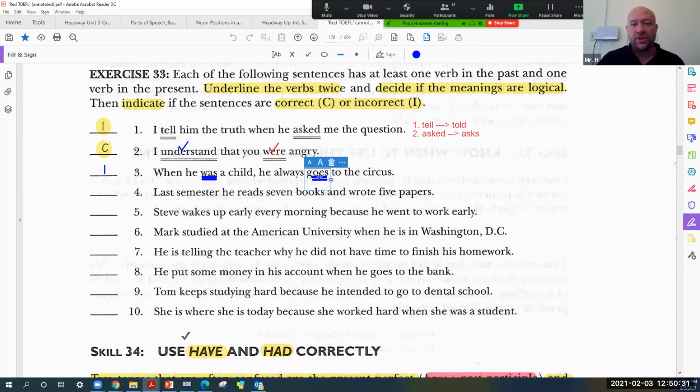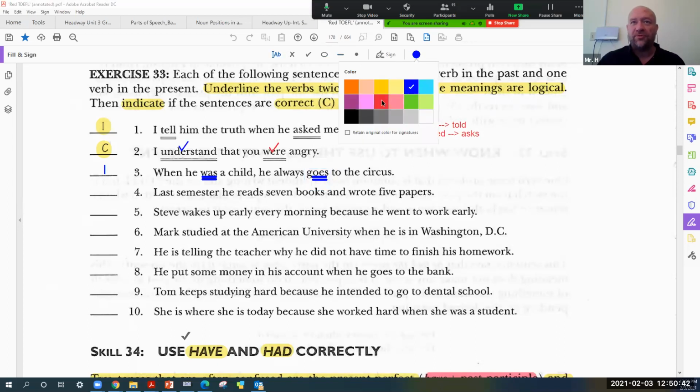And then he goes to the circus. This is a routine now, right? Yes, exactly. This sentence is not logical. So if I want to fix it, gentlemen, how do I do that? Can I change both of them?